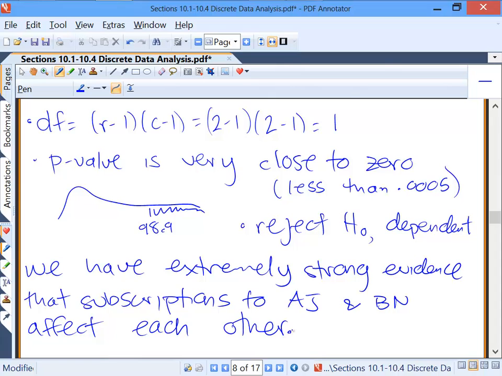And when you think about it, that makes sense, right? If you're already subscribing to one journal, you're probably more likely to subscribe to another journal. At least I would assume so. Now in this situation, is it obvious which one is affecting the other variable? No, and could it be plausible that they both affect each other? Yeah, so we'll just leave it as they affect each other.